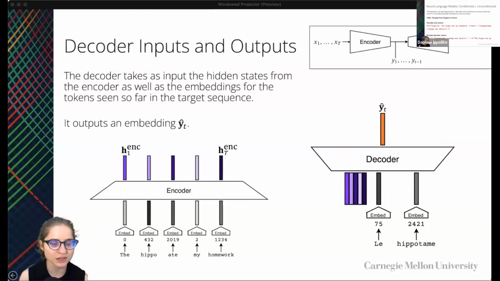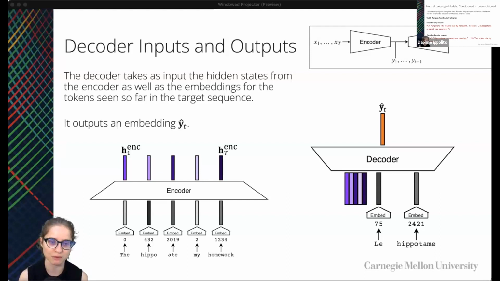And so now let's look at both the encoder and decoder together. This is the same picture on the left of the encoder. Now we can see what the decoder takes as input. The decoder takes as input all of the hidden states from the encoder, the encoder's outputs, and it takes the embeddings from the embedding matrix of the words in the target sequence.